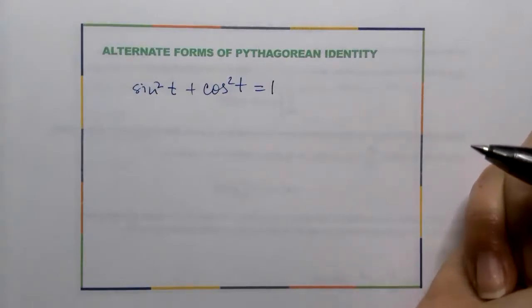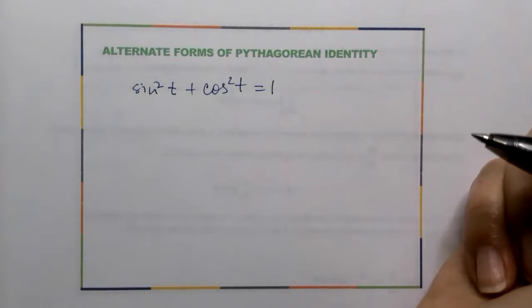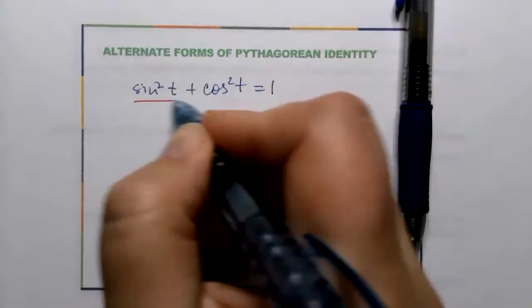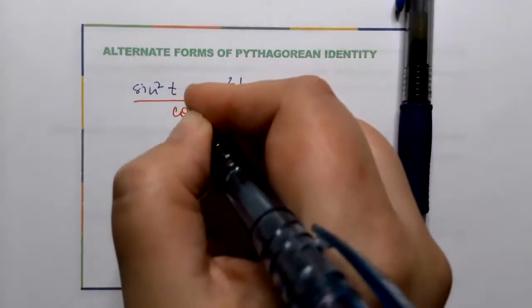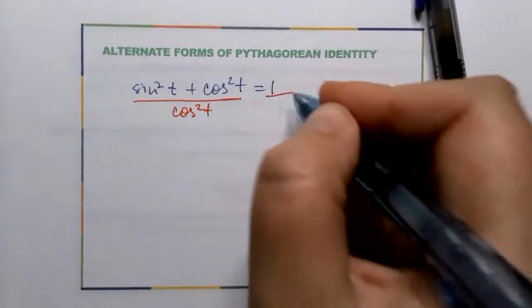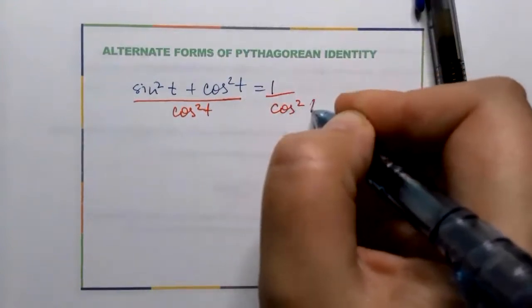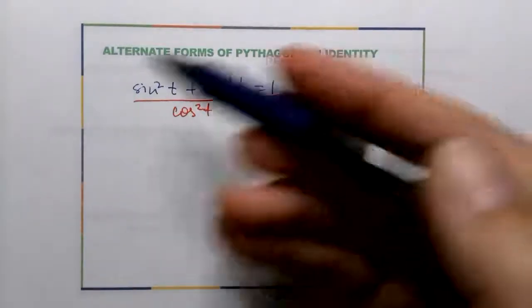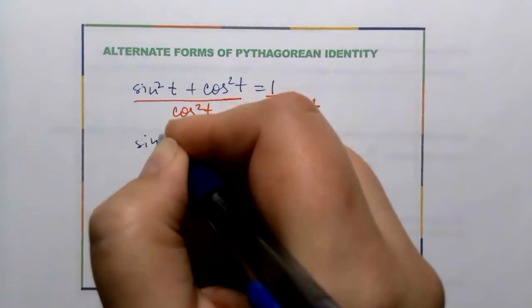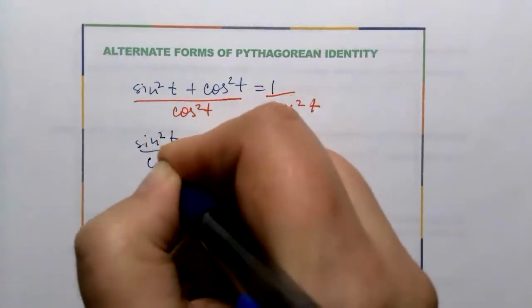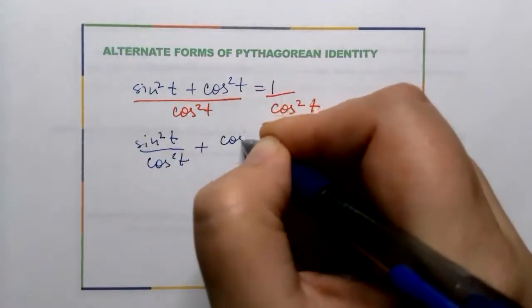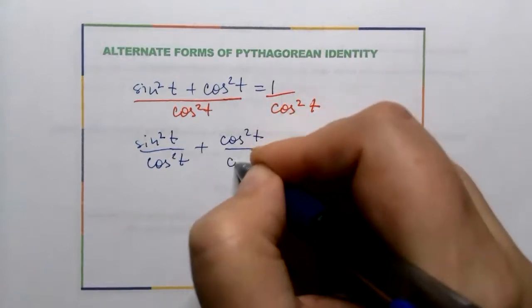So now what we're going to do is divide both sides of this equation by cosine squared t. What happens here is this fraction splits. We can rewrite it as sine squared t over cosine squared t plus cosine squared t over cosine squared t.